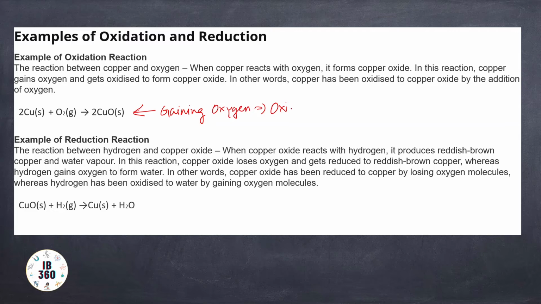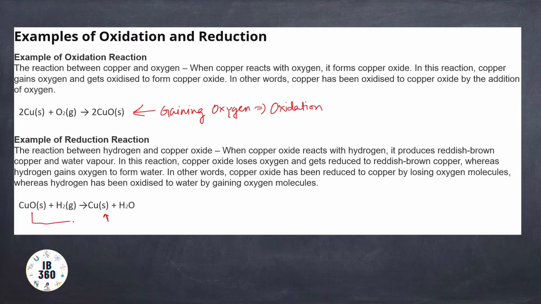In the second example, we have copper oxide, again the reddish brown colored powder, and hydrogen in its gaseous form. The products would be copper in solid form and water in liquid form. Here, copper oxide is losing its oxygen, turning to copper element. What would this process be?